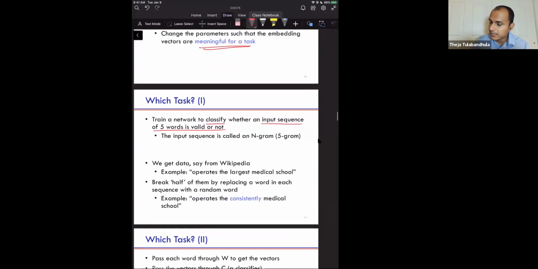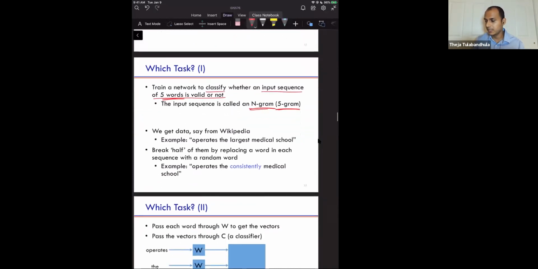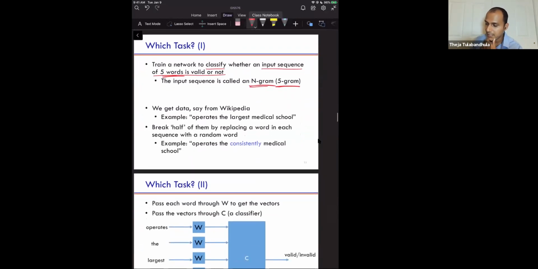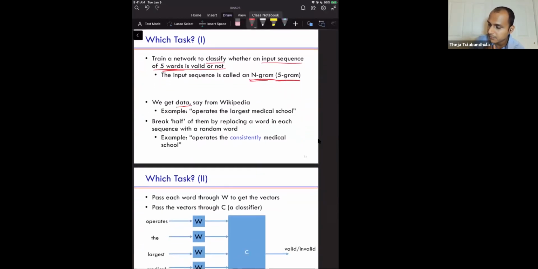Okay, so this 5-word sequence is called a 5-gram. That's the terminology that folks use: 5-gram, 2-gram, 3-gram, n-gram. So let's say we get data from Wikipedia or New York Times, and here's the sentence. Here is an example 5-word sequence: operates the largest medical school.